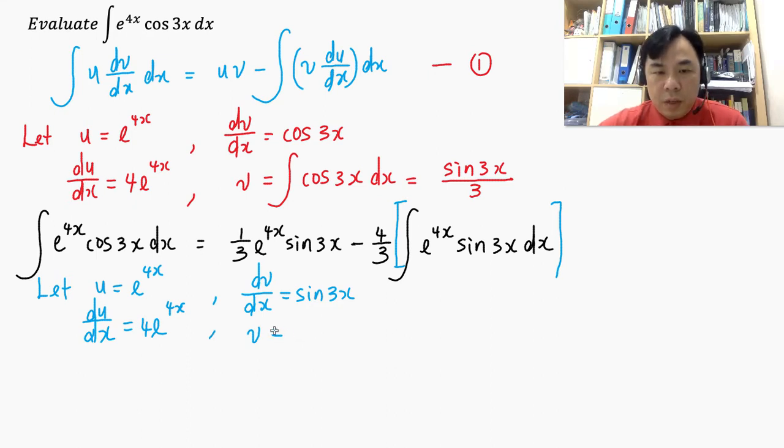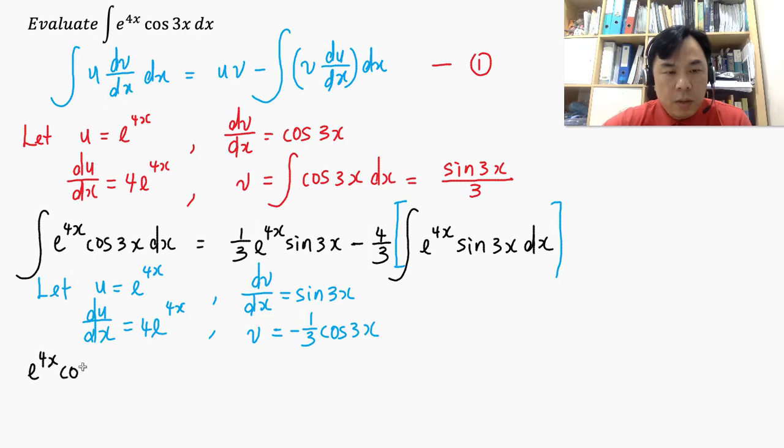The v in this case should be quite obvious. It's just 1/3 of cosine 3x. Once we're done with this, we're going to substitute this into that same integration by parts formula, and that would yield this result. So therefore, I'm going to rewrite this. That will be 4 times the integral of e to the 4x cosine 3x dx. That will be the same as the first part, which is still 1/3 there. That's what we have.